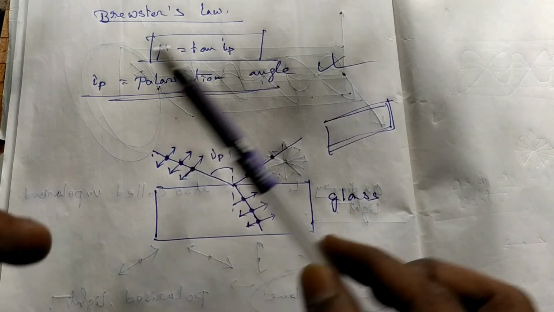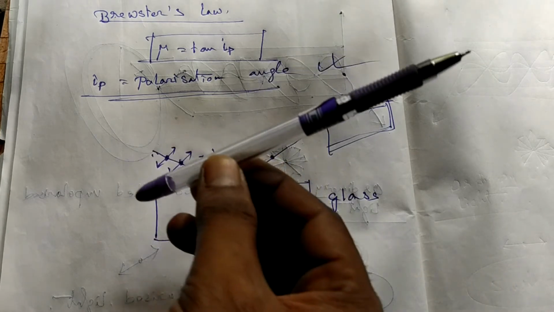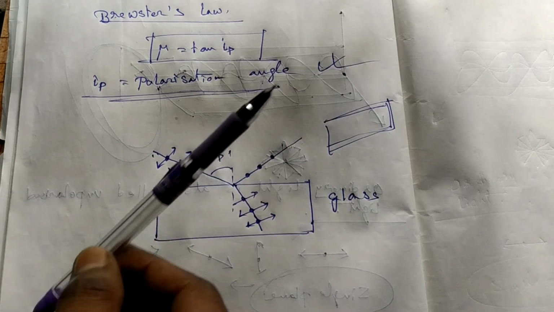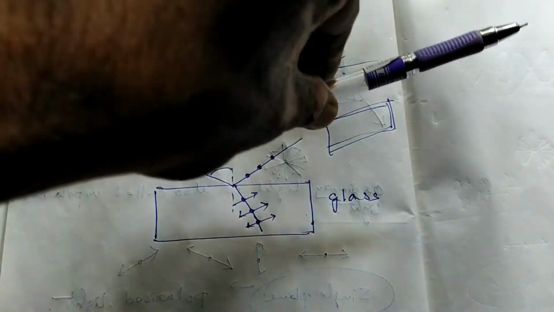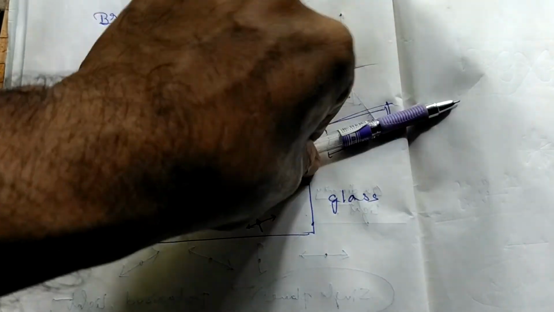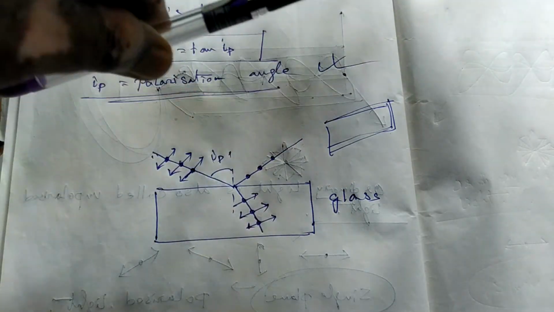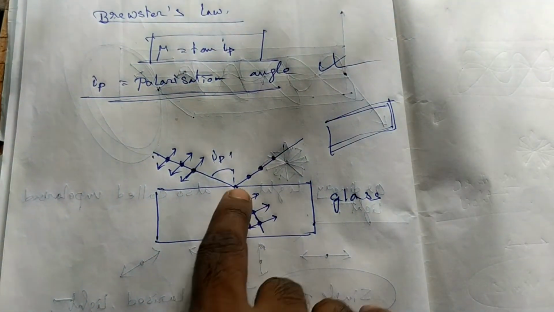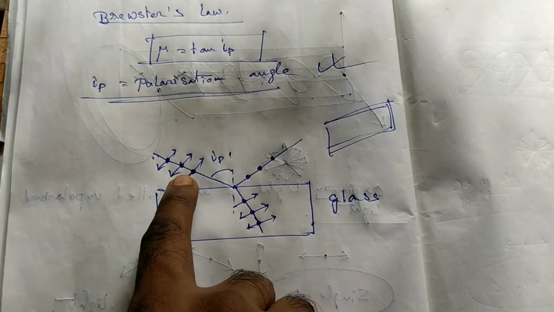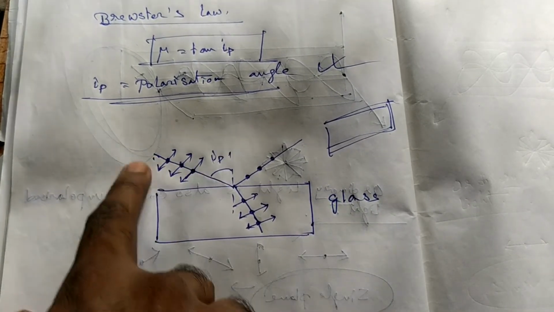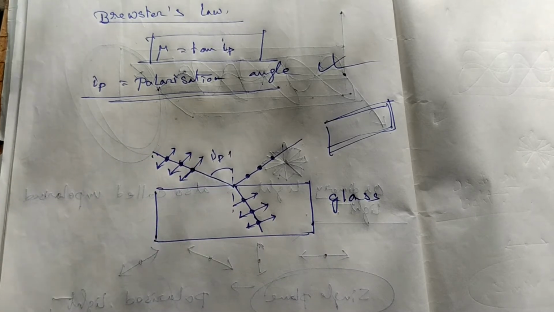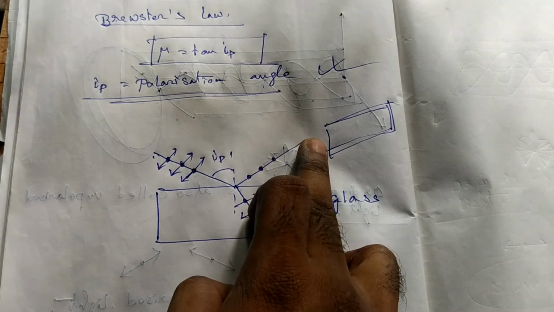But in the case of vibration parallel to the paper, it is vibrating along this axis, so reflection is not possible. The whole wave which is parallel to the paper goes through refraction. It is not reflected by this surface. Only the vibration parallel to the surface is reflected by this surface in this direction.